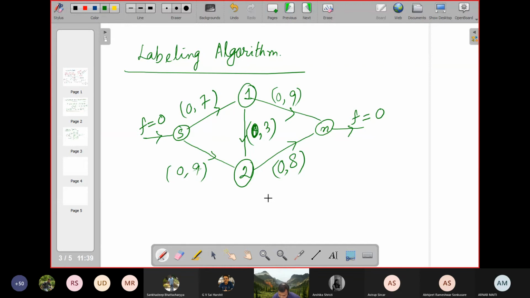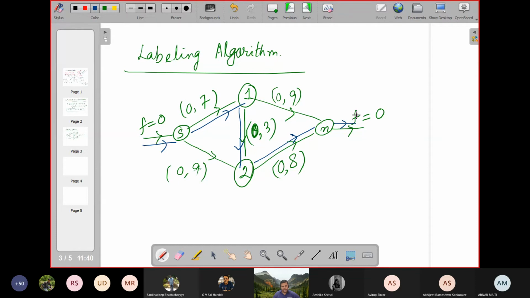For example, here, if we see what could be a flow augmenting path, we see what is the remaining capacity in the arcs. For example, if I take this path, can I add any flow through this path?